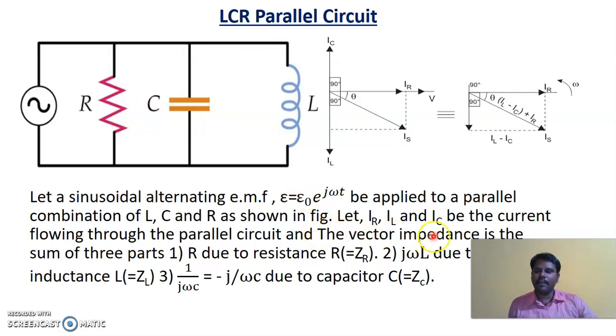The vector impedance is the sum of R, C and L, where R is represented as ZR, j omega L, which is due to the inductance, is represented as ZL, and 1 over j omega C, which is minus j over omega C, that is due to the capacitance C, is represented as ZC.